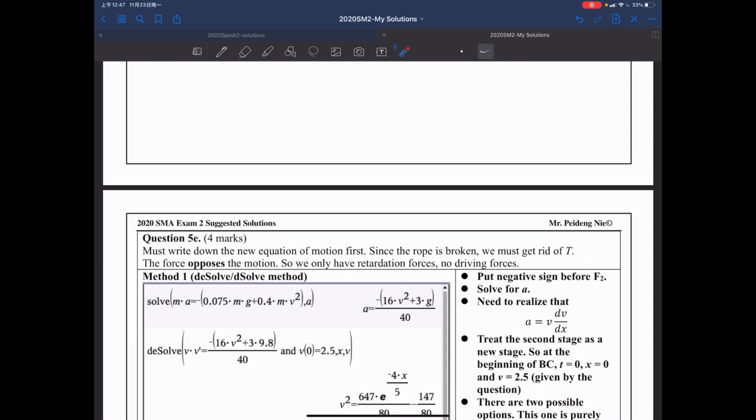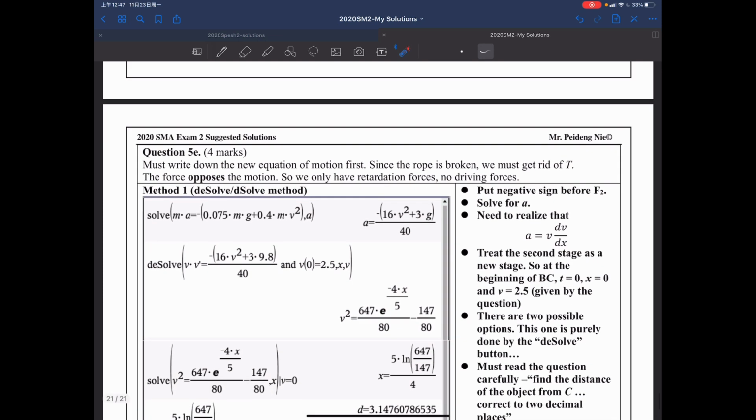Because the rope is broken, we must get rid of t, okay? So the total force, m times a, is 0 minus the whole retardation force, which has 2 parts. You can use your CAS to simplify that problem to get a equals minus (16v plus 3g) over 40.